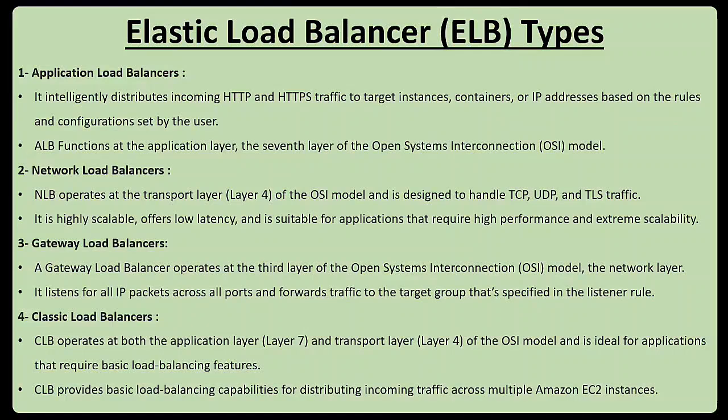So in your application, network and gateway load balancers, we have a listener rule and a target group. These two features are available in the application, network and gateway load balancers, but this feature is not available in your classic load balancer. The classic load balancer only accesses through an EC2 instance. Okay.